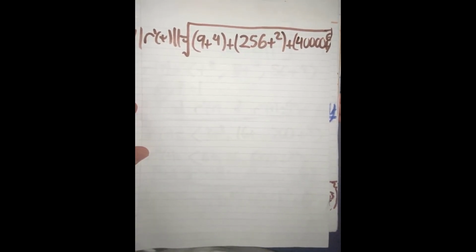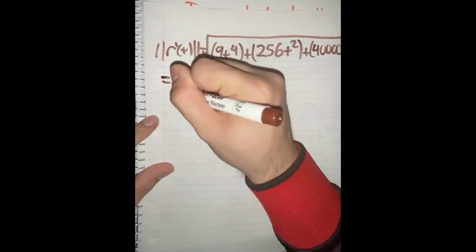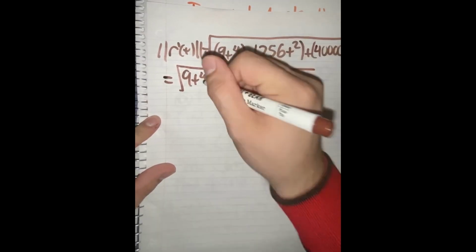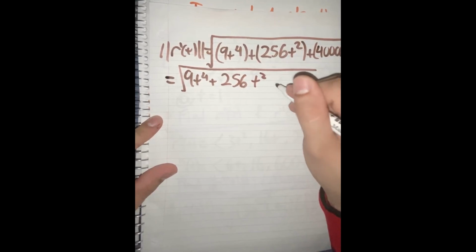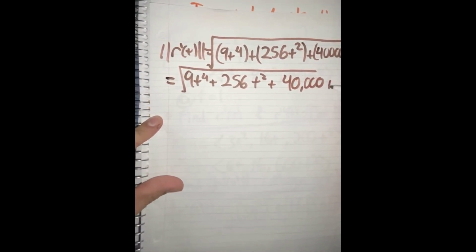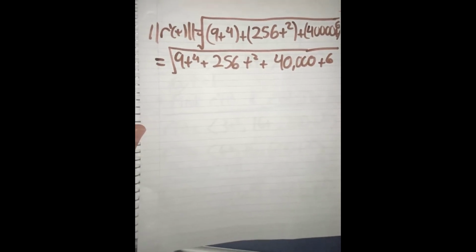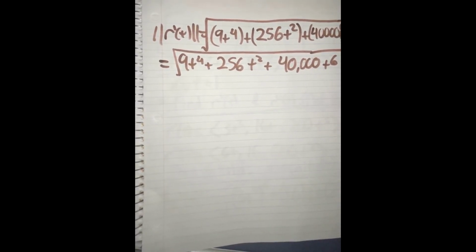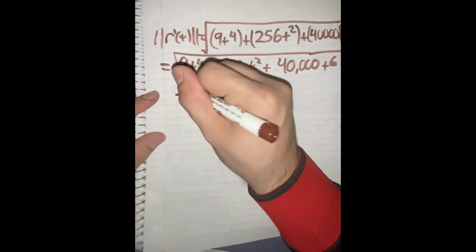So I'll make this a little bit cleaner. So this is equal to 9t to the 4th plus 256t squared plus 40,000 t to the 6th. So now the first thing we do is we can go ahead and factor out a t squared out of each term, which is what I'm going to do.